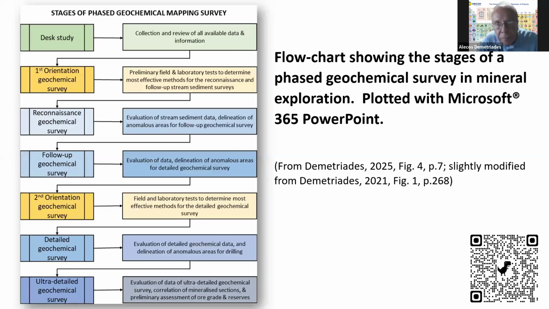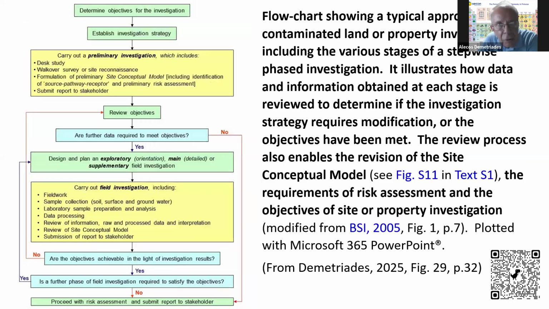Now, here are the stages of a geochemical mapping survey. I'm not going to go through it. You can look at it at your leisure. And there is another flow chart, which is for a typical approach for contaminated land or property investigation.